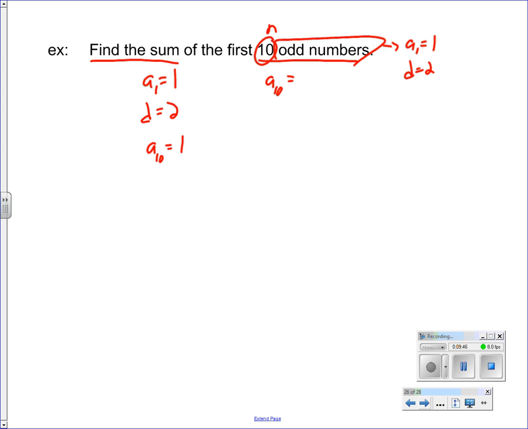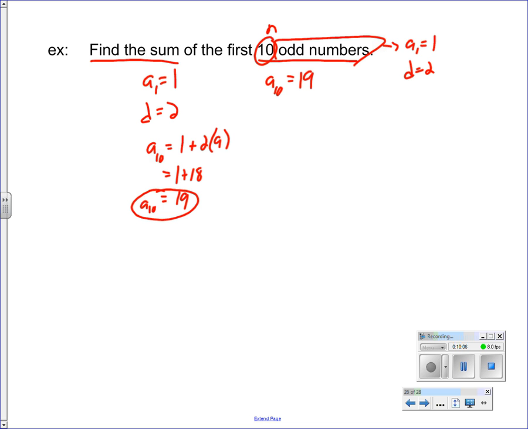Start with my first term. I'm going to add my common difference n minus 1, which in this case is 9 times. So my nth term is 19. That is the 10th odd number there is.